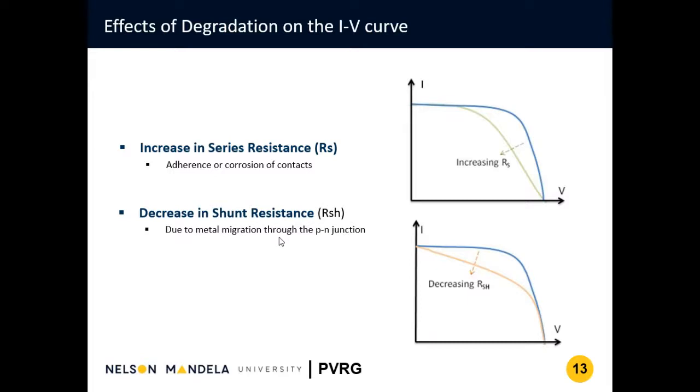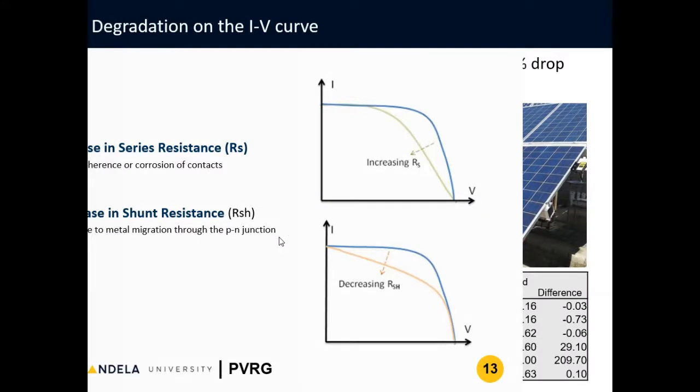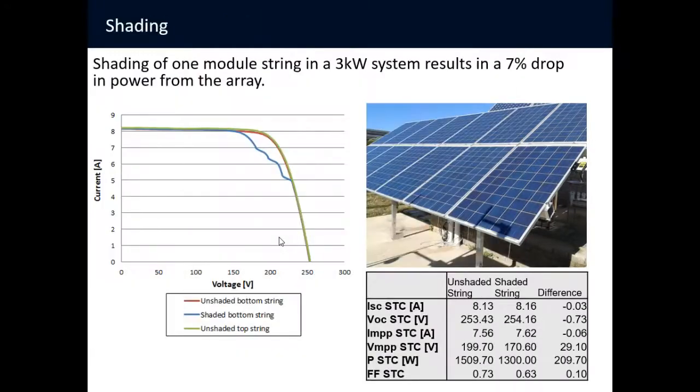So an effect like shading can also be picked up in the IV curve of a module or string. In this slide, we look at the IV curves of a string which is shaded by an installation in front of the system.